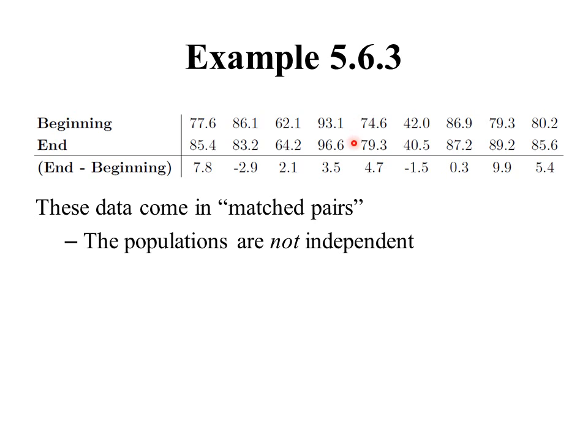That doesn't mean that they're identical, but a big number here indicates probably a big number down here. Likewise, a small number at the beginning indicates that we're probably going to have a relatively small number at the end as well. And so what happens to one population does have an effect on the other population. So these two populations are not independent.